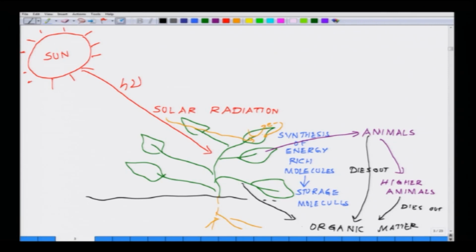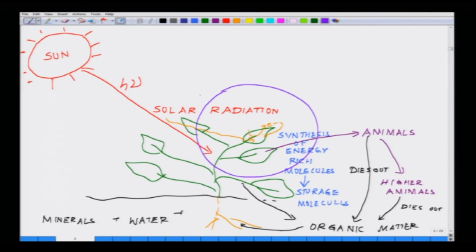This organic matter is eventually utilized by the plants again, along with water plus minerals, in the presence of sunlight. The whole process goes on and on. What we'll be dealing with essentially is this zone where this whole energy transduction is taking place.